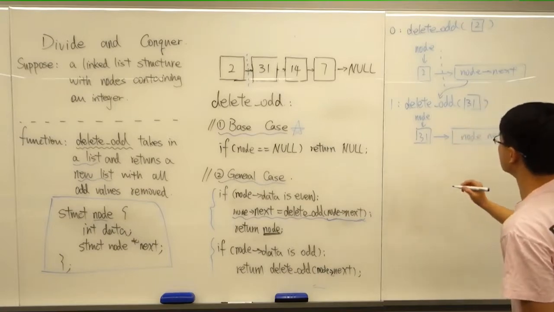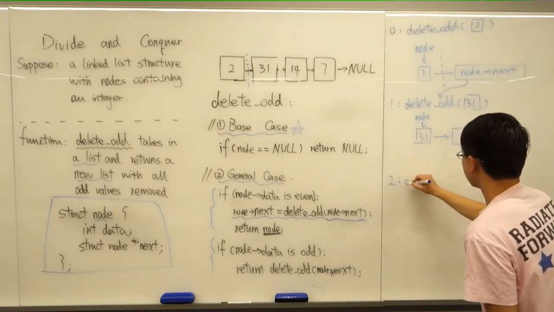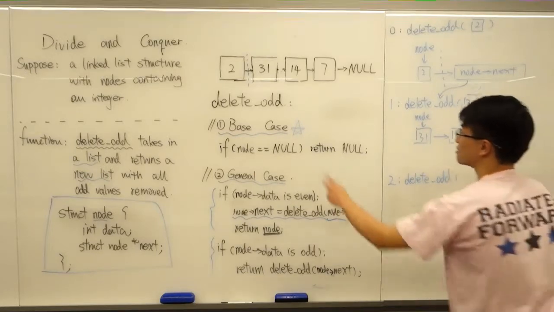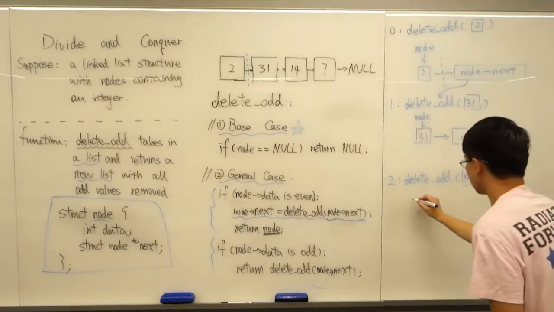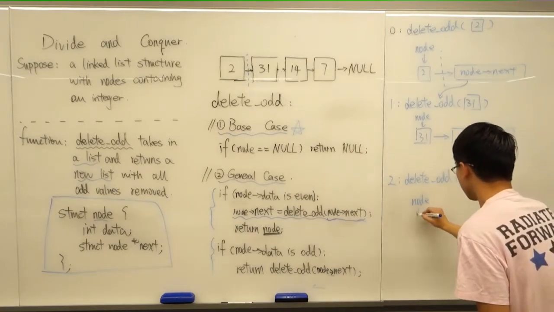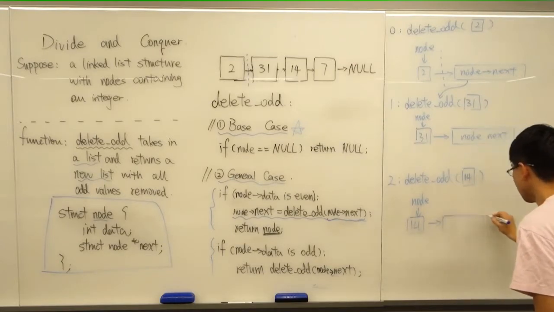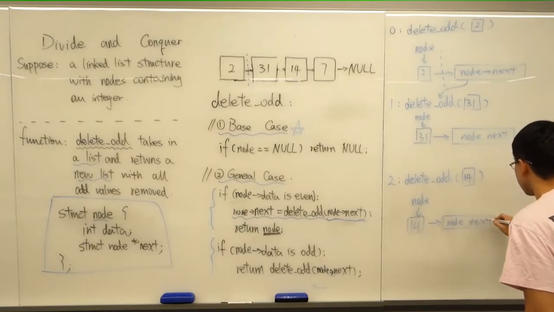So we'll be calling the function again, delete odd. In this case, the next one is 14. Right now, node is pointing to 14, and whatever is next to it is node next.